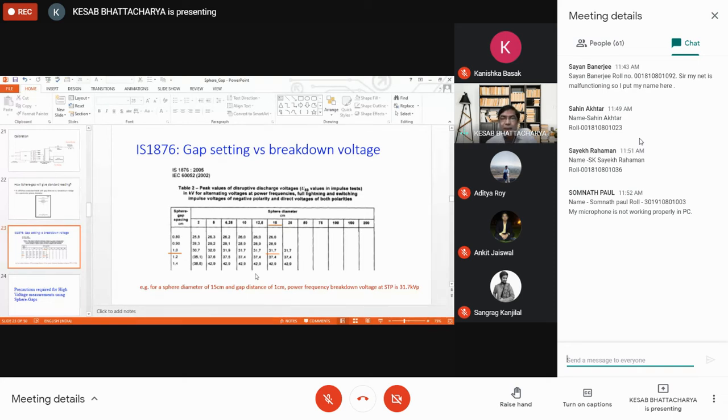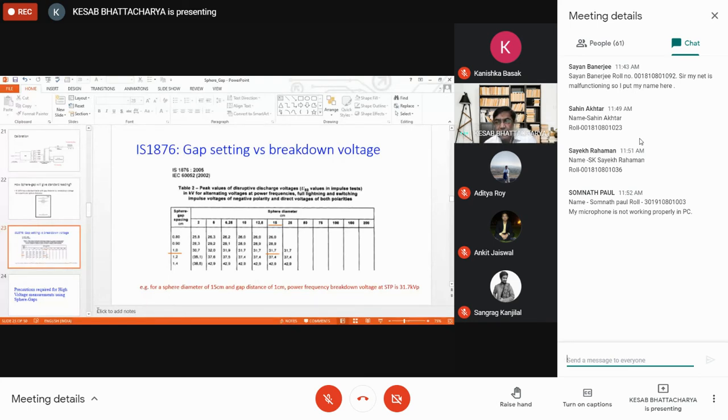As a result, the gap will become smaller, and once again the probability of existence of a free electron in a small gap will be less. That is why irradiation is necessary. So these are the few relevant points which we must take note of while using the sphere gap method.